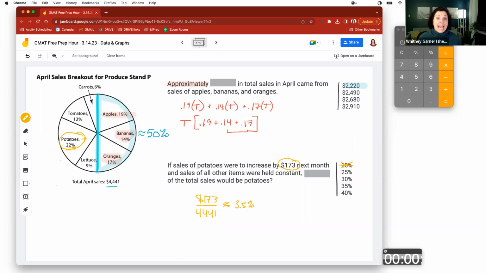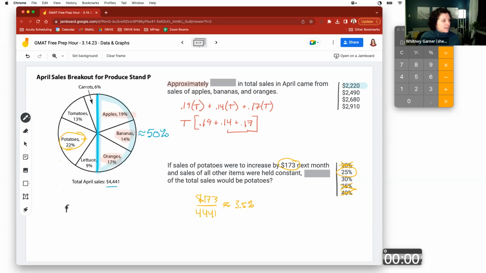And so I can actually use estimation here to get to 25 because I know I'm not adding a whole lot. I'm certainly not adding enough money to move potatoes from 22% all the way up, especially not to doubling it, or even to 35%.